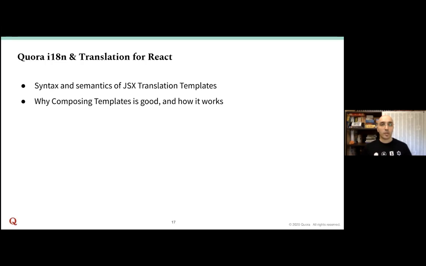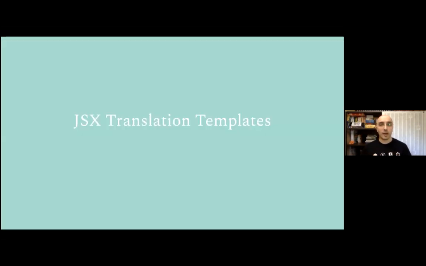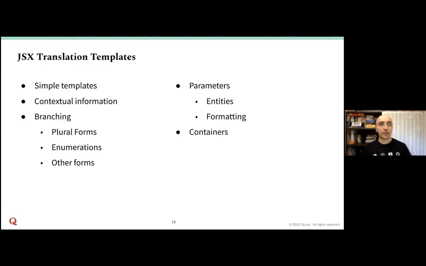So the solution we built instead is that first we're going to talk about the syntax part of this and how the semantics of this syntax work internally, and then we're going to talk about how composition of templates works in this system with this syntax. The syntax splits in a few areas.